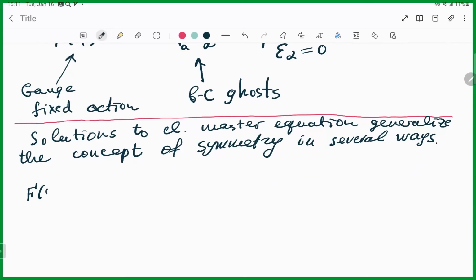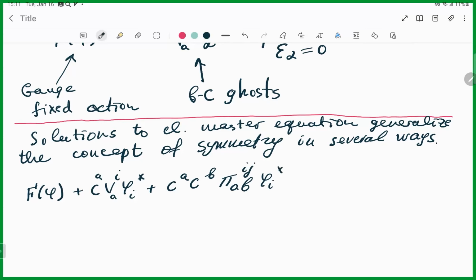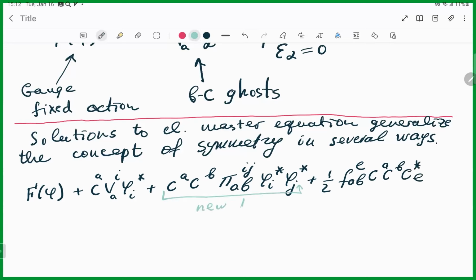Suppose we have f of phi plus, and now look what I'm trying to put here: CA, CB, PAB, IJ, phi I star, phi J star, plus 1/2 FABE, CA, CB, C star E. I added a new term, and the only condition that I will demand is that this S solves the classical master equation.